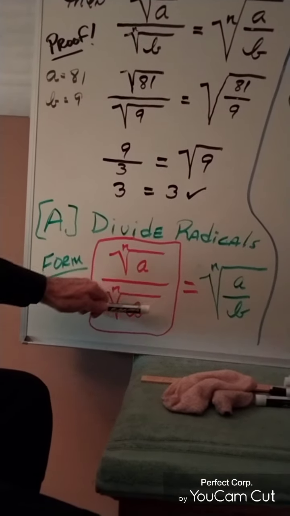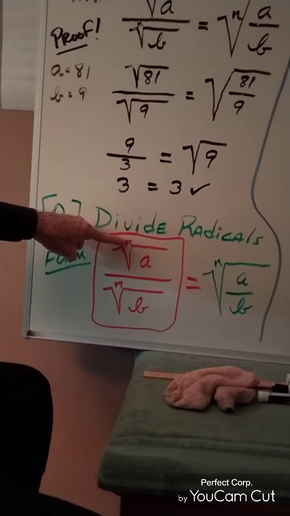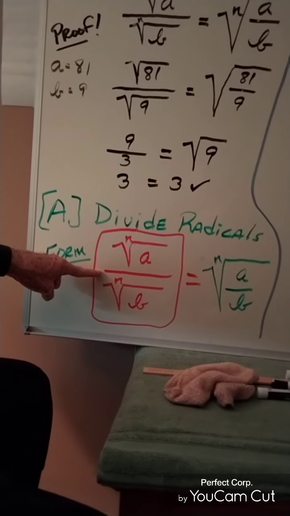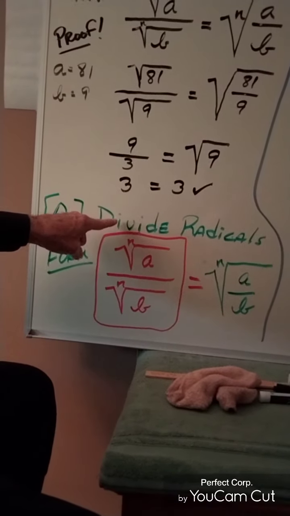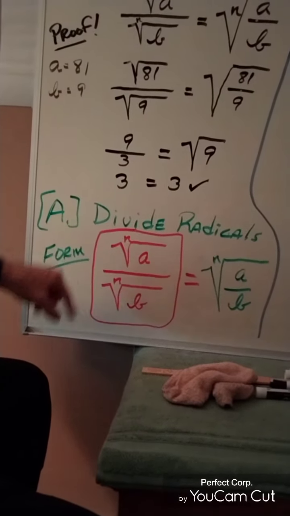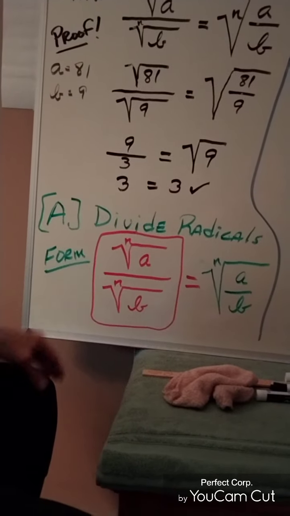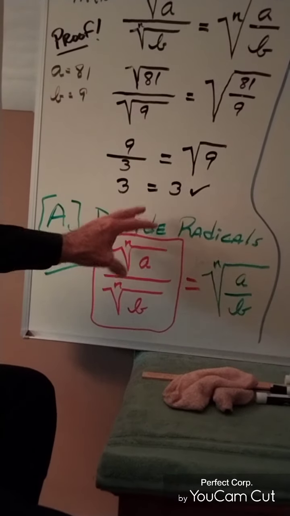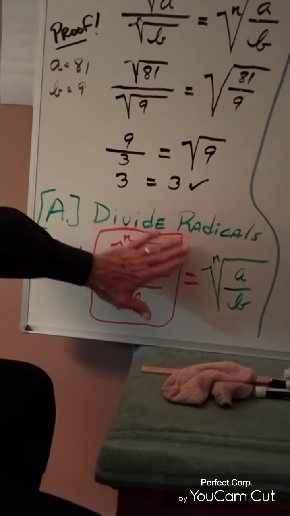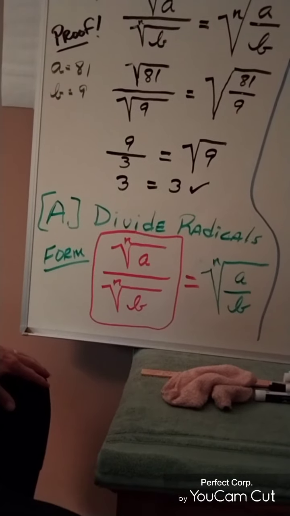Because after all, notice how we say this expression on the left: the nth root of a divided by the nth root of b. We're dividing. We're going to start out dividing with radicals. So people, when you are asked to divide, you are going to be given this type of form, the form that speaks to division.